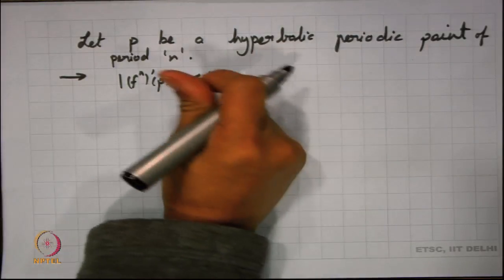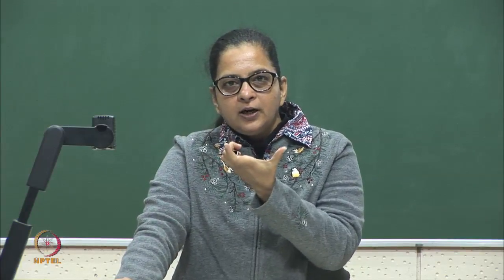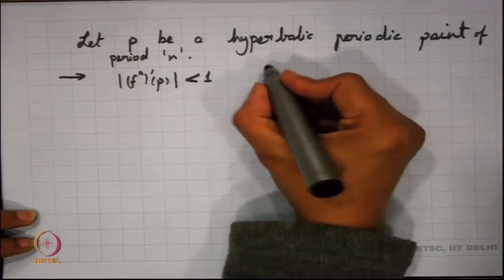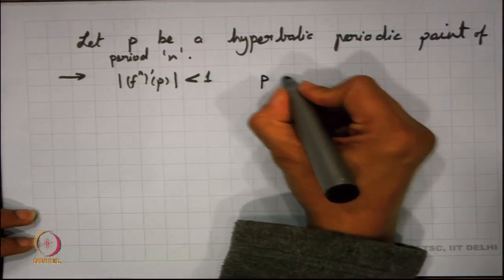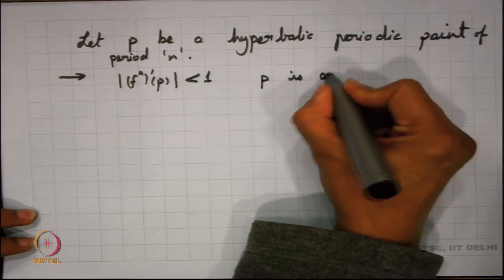Then the points in the neighborhood of p are forward asymptotic to p, and in that case we say that p is an attracting periodic point.